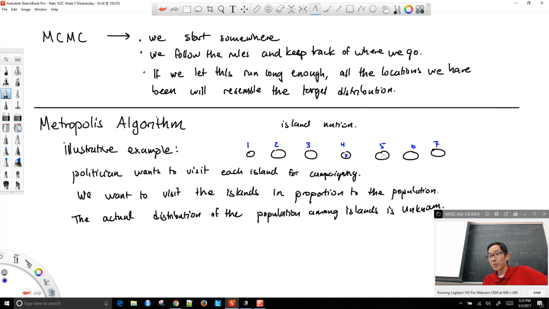We can get the population of the neighboring islands, the two neighboring islands. We can get the population of the current island and the population of the neighboring islands.